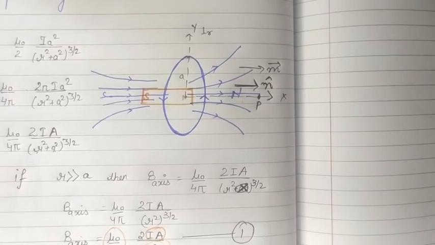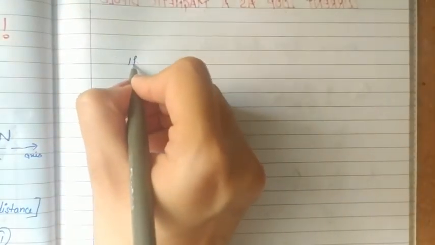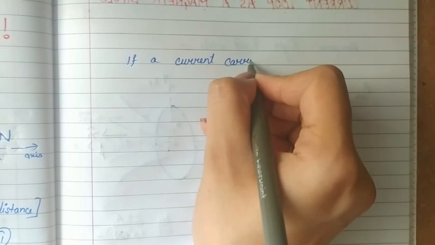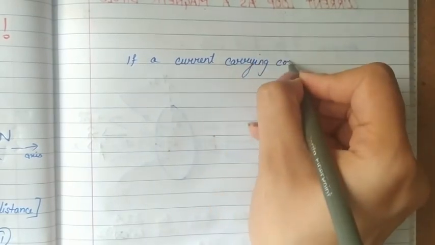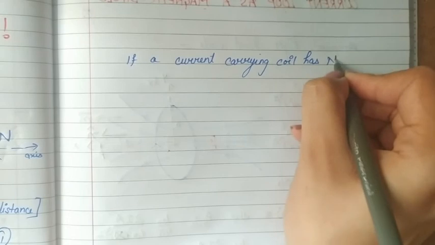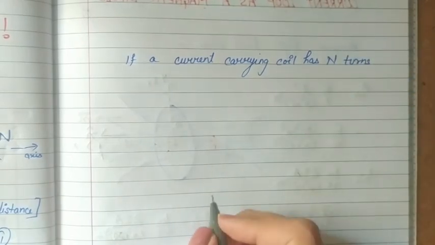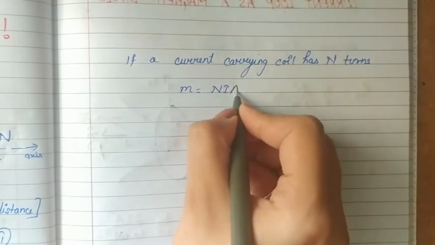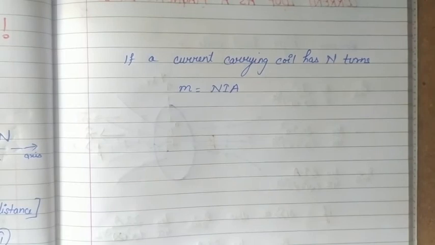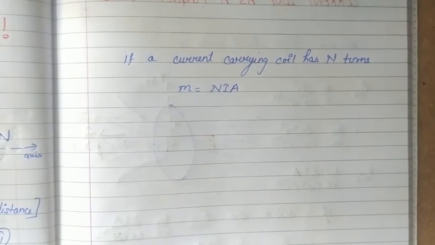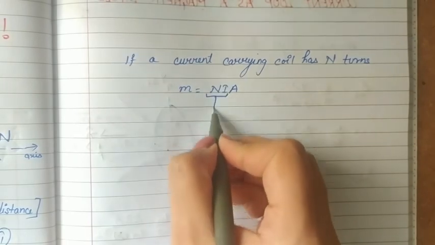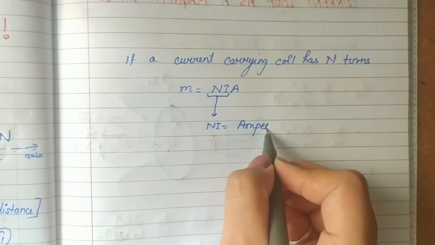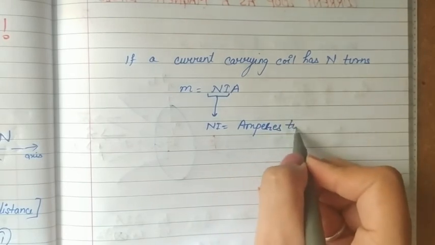So if a current carrying coil has capital N number of turns, then the magnetic dipole moment M is equal to NIA, and the factor NI is called ampere turns for that coil.